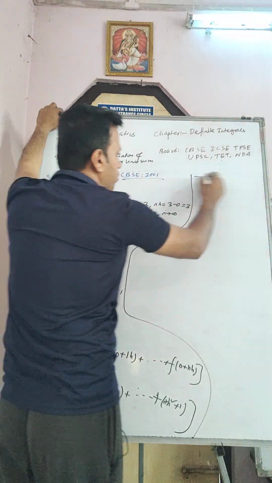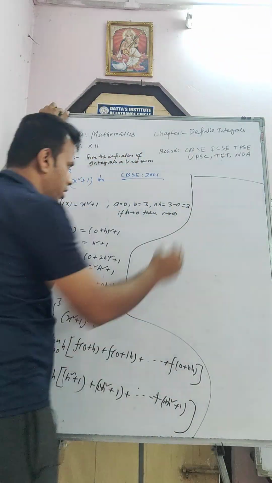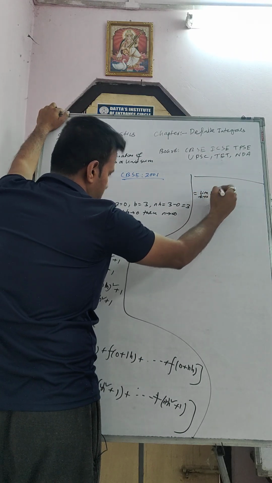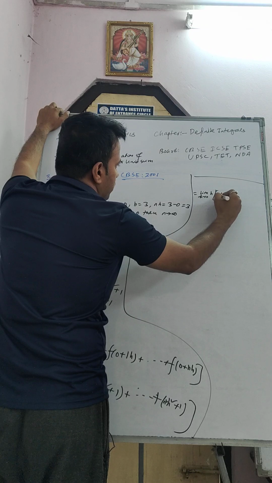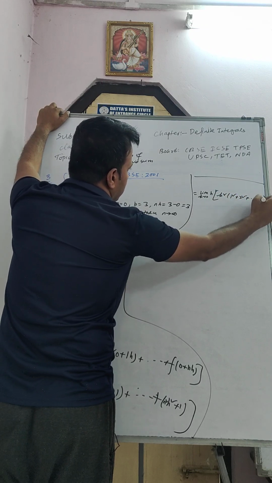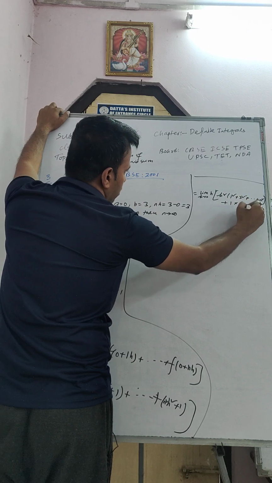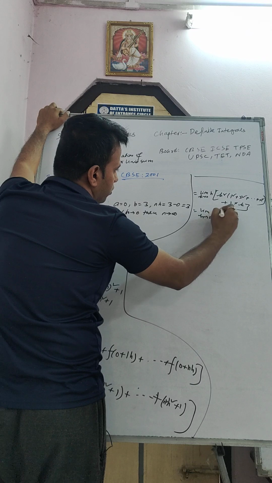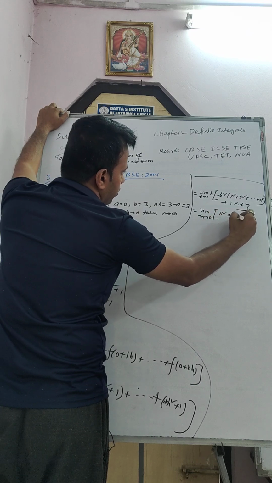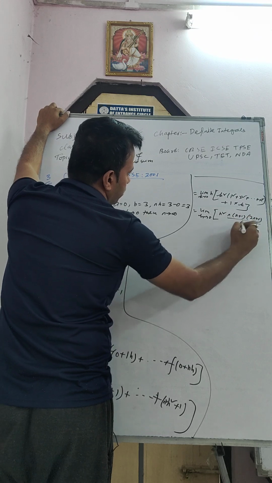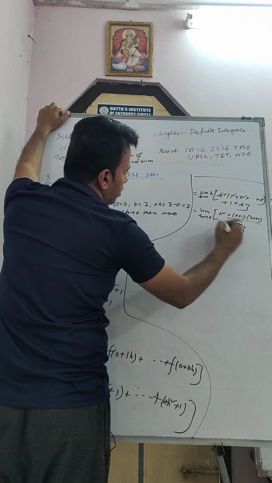Okay, now we can do here limit h tends to 0 h into, if I take h square common, it will be 1 square plus 2 square plus dot dot plus n square, and 1 into n. So limit h tends to 0. So if I use the formula n into n plus 1 into 2n plus 1 divided by 6, and here will be h only.